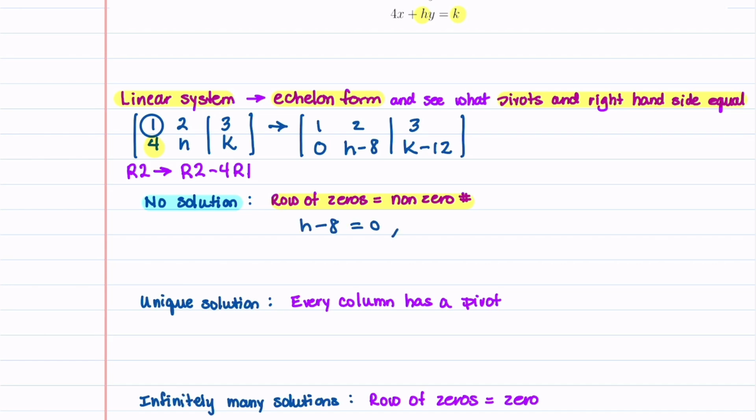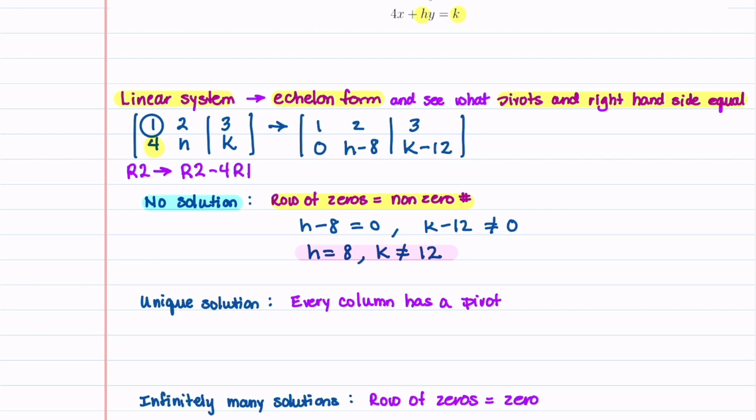And then we're going to force our right-hand side, k minus 12, to not equal 0. So this gives us h is equal to 8 and k is not equal to 12. I'm going to highlight this because that's our solution when we have no solution.